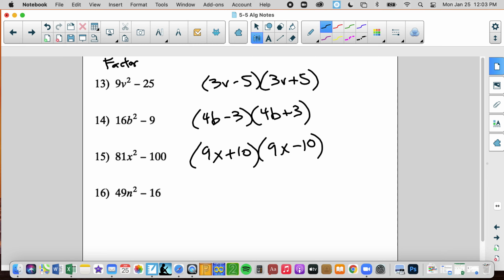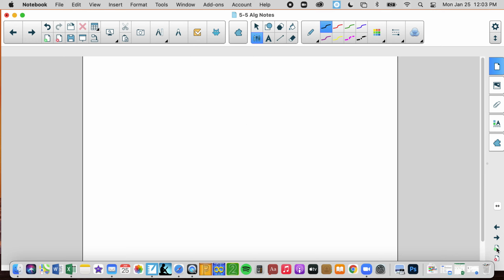I'm just changing it up so you know that it doesn't matter which one comes first. 49n squared minus 16 is 7n minus 4, 7n plus 4.